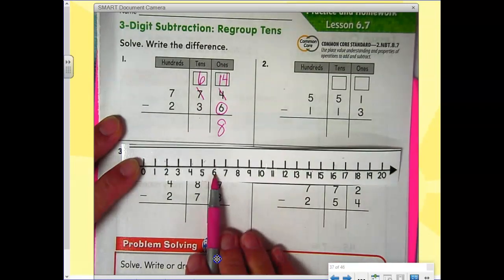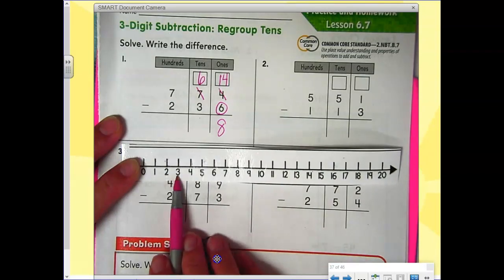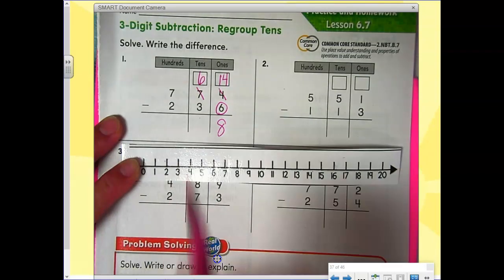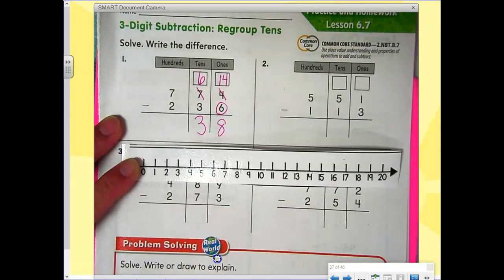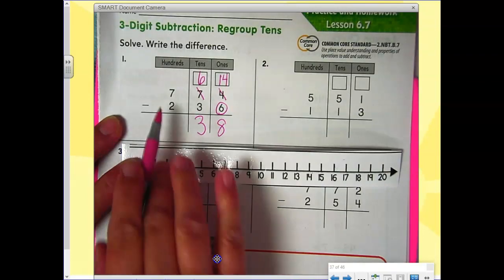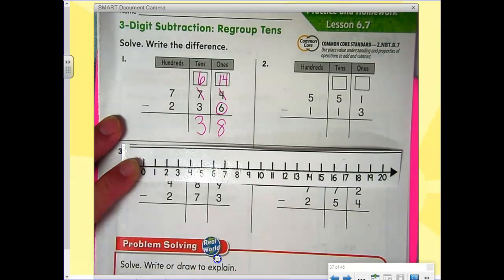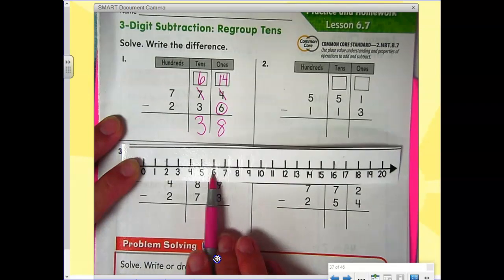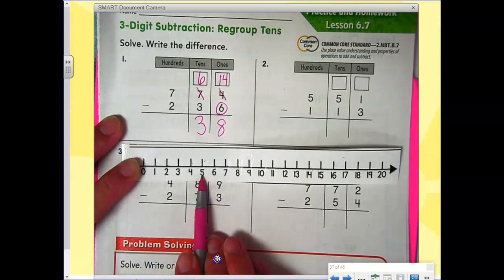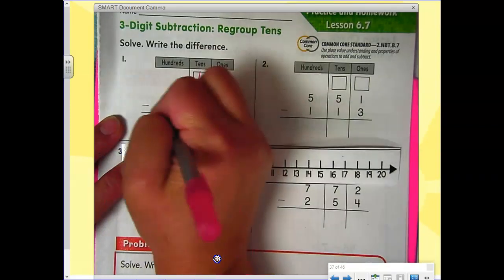Start at 6, count back 3. 1, 2, 3. My answer is 3. Now I can go to my hundreds place. 7 minus 2. 7. Hop back 2. 1, 2. My answer is 5. 538.